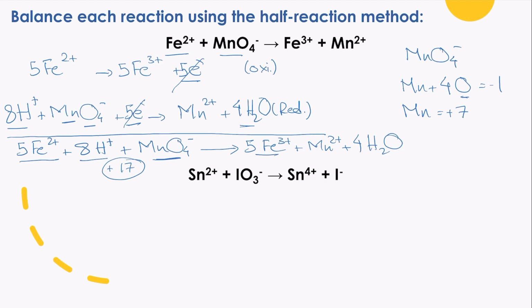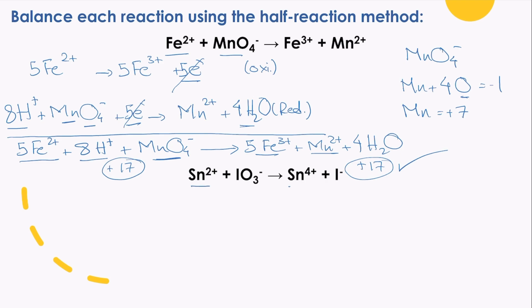Here we have +15, +2, so +17 in the products. So my work is correct. The charge of the reactants is equal to the charge of the products. That's great. Let's move to the next equation.